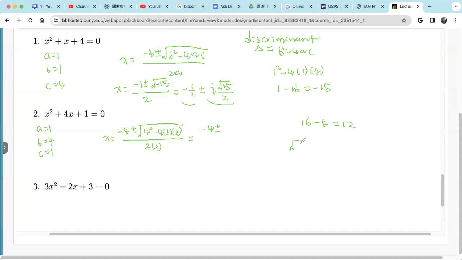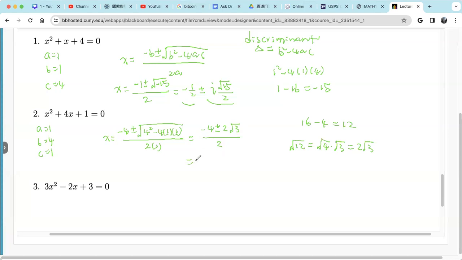Now, the square root of 12 is the square root of 4 times the square root of 3. Square root of 4 is 2. So we get 2 radical 3. So plus or minus 2 radical 3 divided by 2.